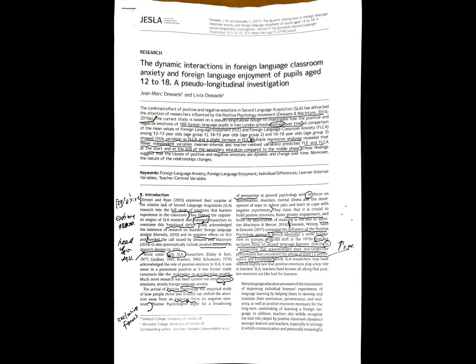So probably I'll just leave it here and know what the natural order hypothesis is. And the last hypothesis is the one that we have mentioned above, which is the affective filter hypothesis. So this is what Professor Krashen has proposed.